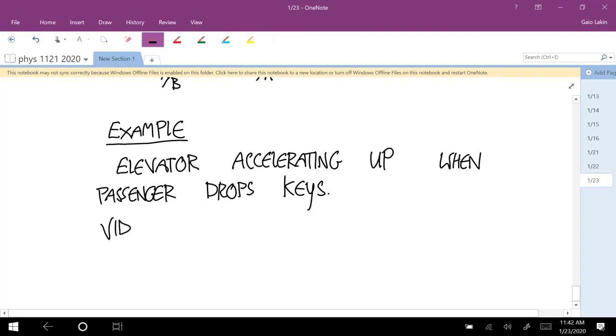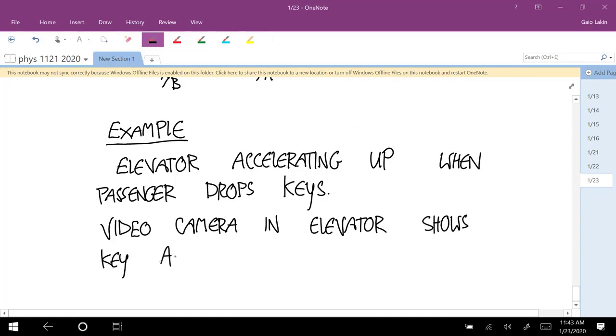According to a video camera in the elevator, it shows the keys accelerating down at 12 meters per second squared.